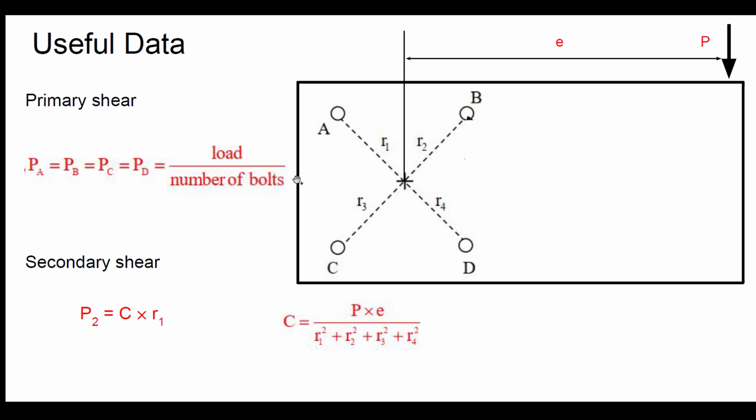One is because of this load, which gives primary shear, and there is a moment being developed, because of which you will get secondary shear. A bolt will undergo these two forces, and it will have the resultant of these two. So let's see how to solve this.